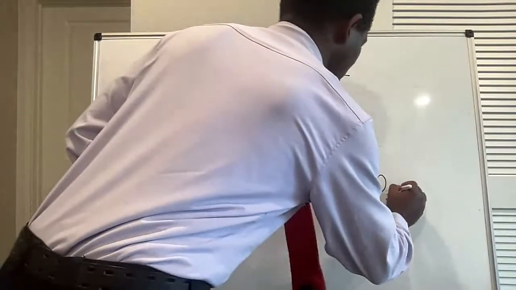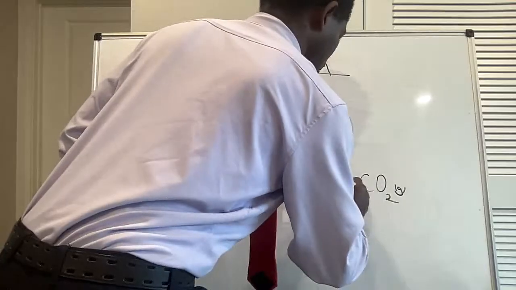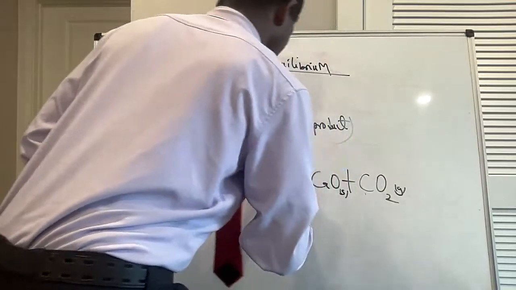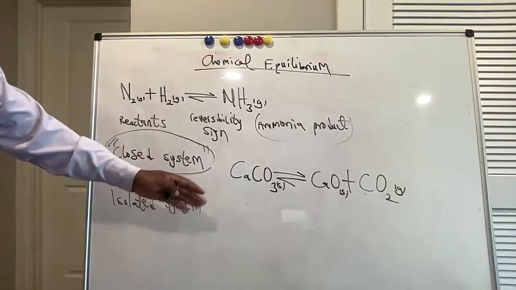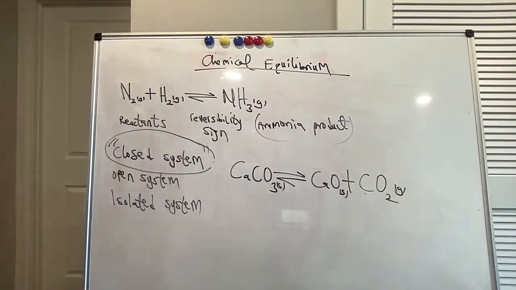Let's represent this in an equation. Carbon dioxide is a gas, calcium oxide is a solid. Now, this reaction is at equilibrium.